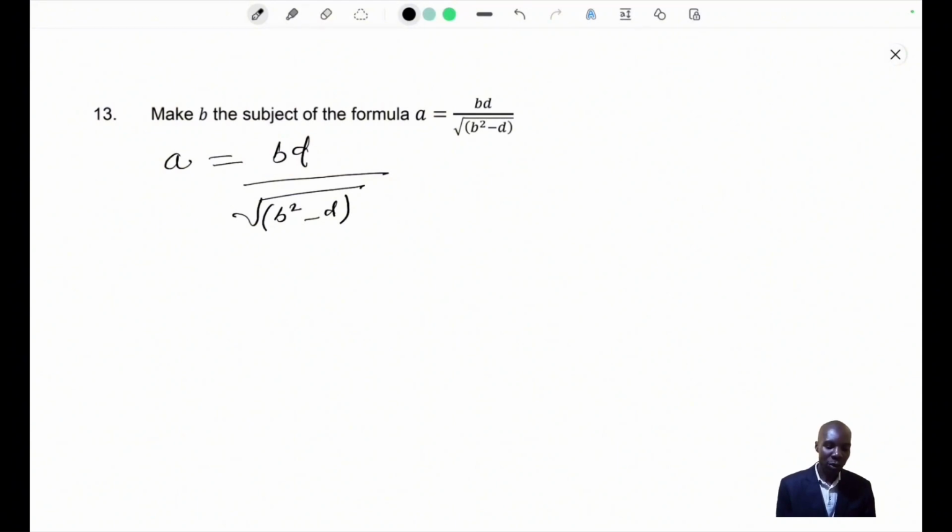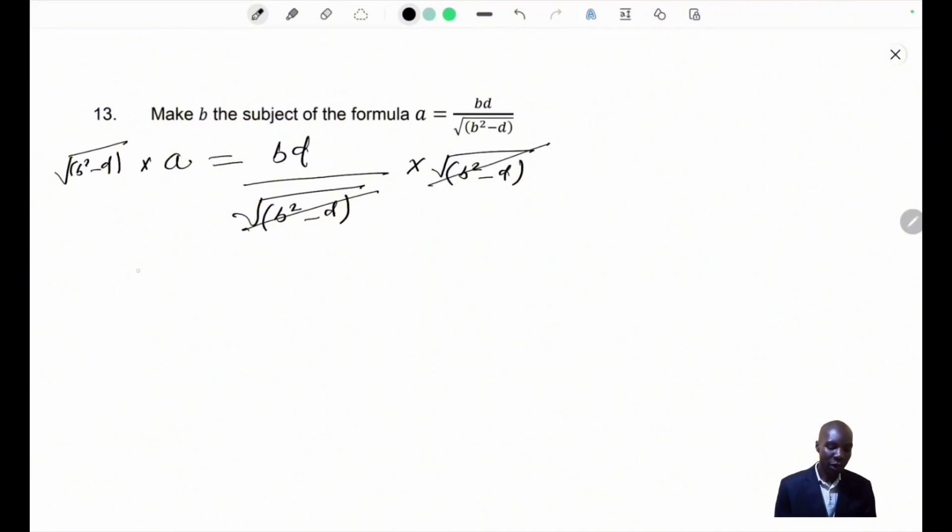So what we can do, we can cross multiply both sides by the denominator, by root of b squared minus d. So this one will cancel with that.